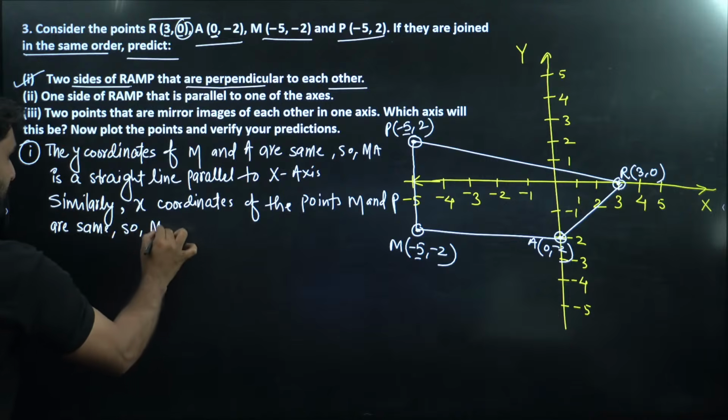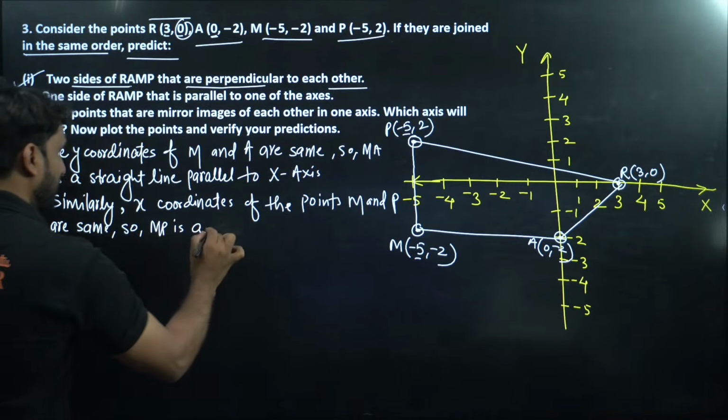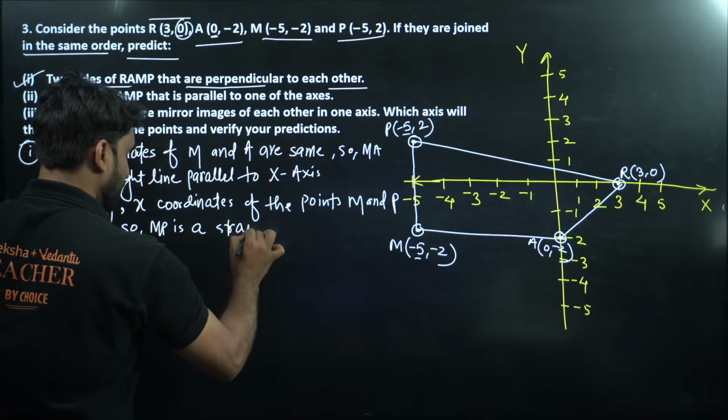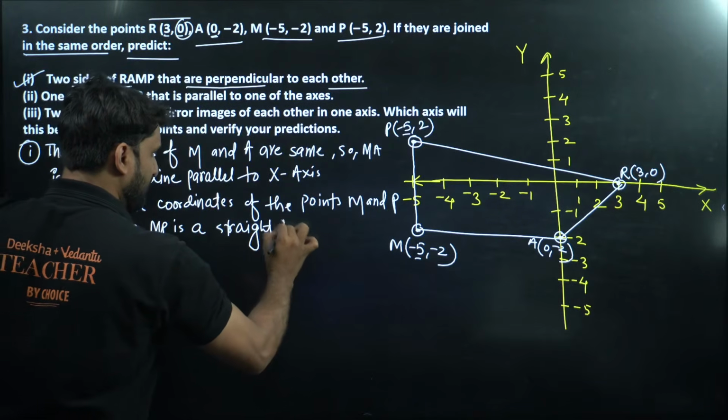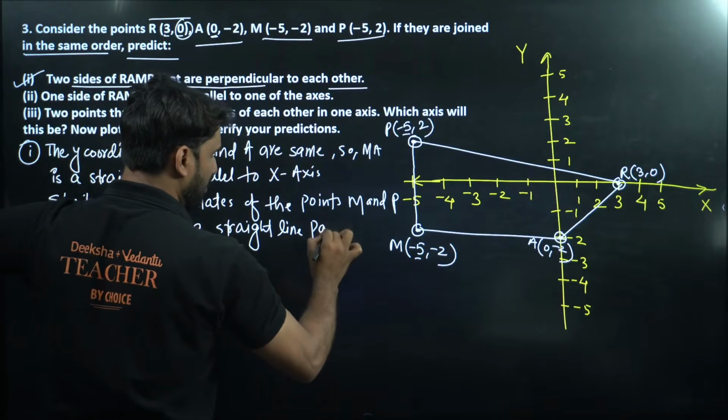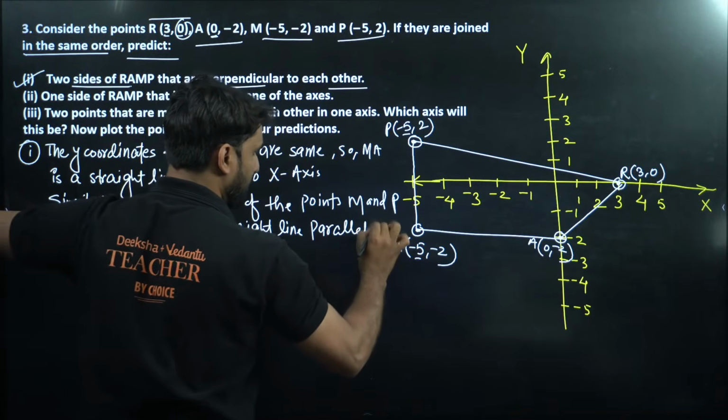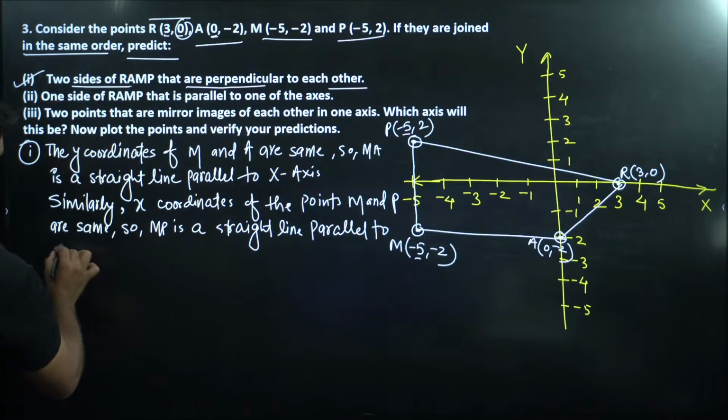So MP is a straight line parallel to the y-axis.